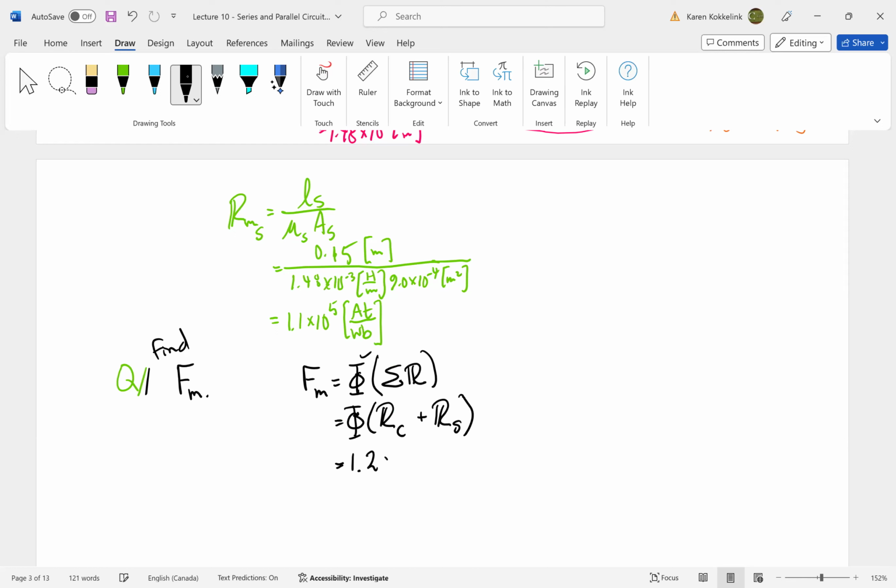I was given that the magnetic flux at this point is 1.2 times 10 to the negative 3 Weber of flux lines. And I calculated 3.6 times 10 to the 5, I believe, plus we just calculated 1.1 times 10 to the 5. And these are in amp turns per Weber.